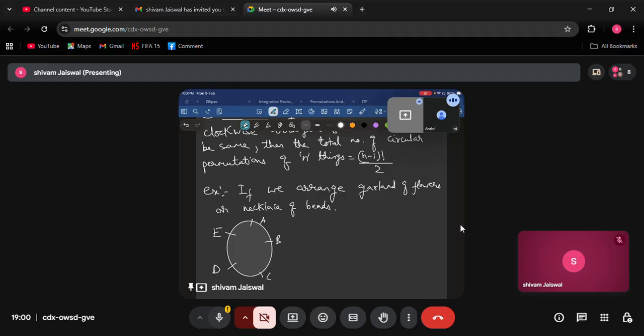Over here, let us say you are holding the garland from this side. You are looking at the arrangement in the clockwise direction.